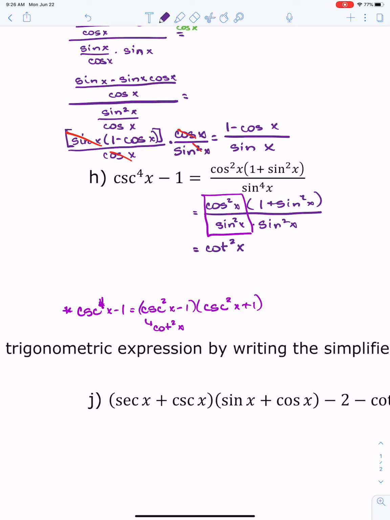And I have 1 plus sine squared x over sine squared x. Cotangent squared is cosecant squared x minus 1.